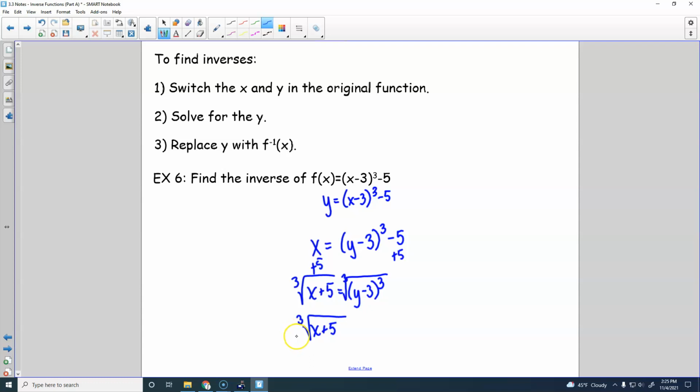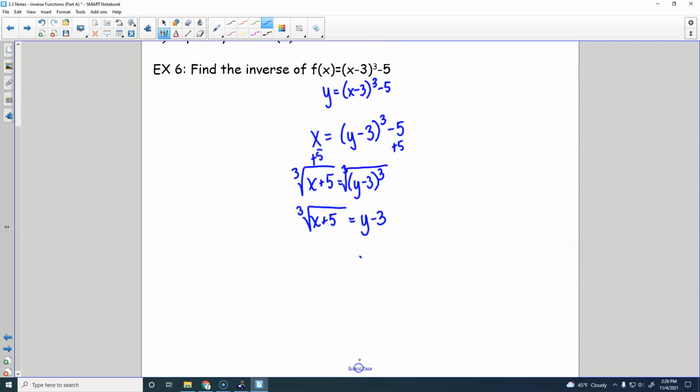No, not with odd roots, only with even roots. So if you square root or fourth root or sixth root, you need a plus or minus. But you can take the cube root of a negative number, so you don't need a plus or minus there. And then what's the last thing that I'm going to do? Add the 3. So I probably would write it like that: f inverse of x equals 3 plus the cube root of x plus 5.